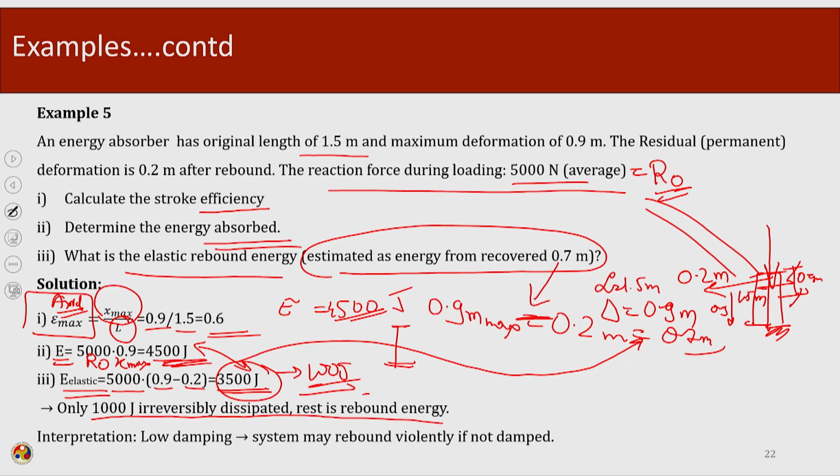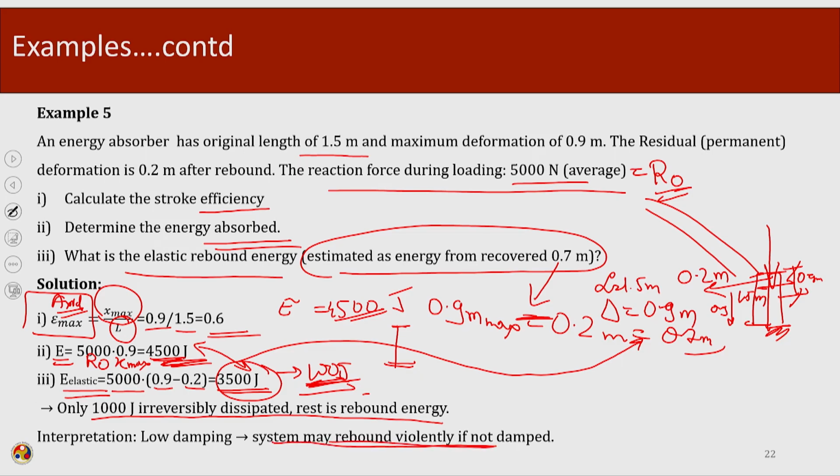So, interpretation: out of this 4500 joule, only 1000 joule was the total dissipated energy. Our interpretation can be that the system has a low damping. The system is rebounding a lot.